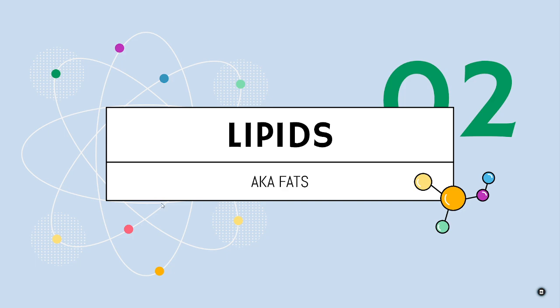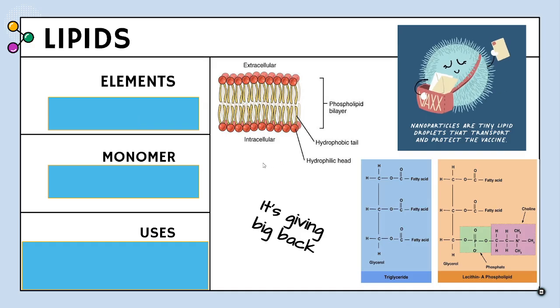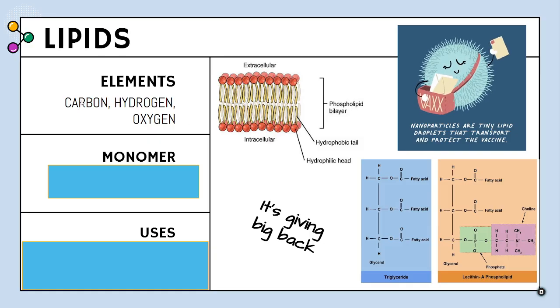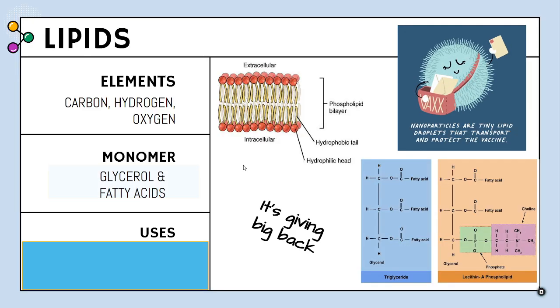Then we get to the lipids. We get to the fats. Slightly different, in that, hey, look, I'm using the same elements, carbon, hydrogen, and oxygen. And you might say to yourself, well, Mr. Farney, if it's using the same elements, why is this not a sugar?